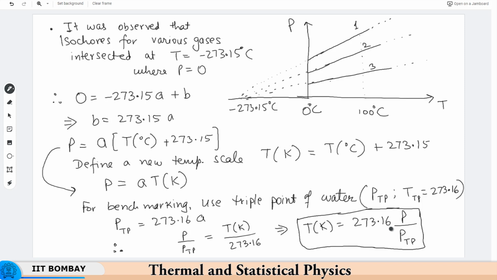And clearly you can also see that as the pressure goes to 0, the temperature goes to 0, right. So 0 Kelvin corresponds to the temperature where the observed pressure of the gas just goes to 0, all right. So it's really a linear scale of the temperature as we wanted, right. We wanted the kinetic energy of the gas molecule to be linearly proportional to the temperature.